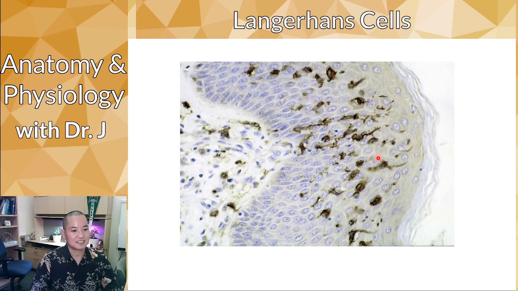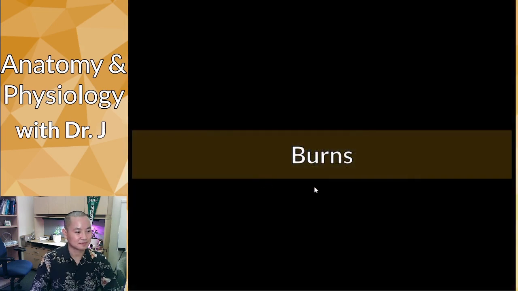Langerhans cells, in this dark color, are part of your immune system, and they're kind of in waiting. Say there is a cell, or bacteria, or something that wants to cause disease, these will help gobble it up and tell the immune system, hey, we have this invader here, let's deal with this. There are other types of immune cells, but we cover that in more detail next semester.